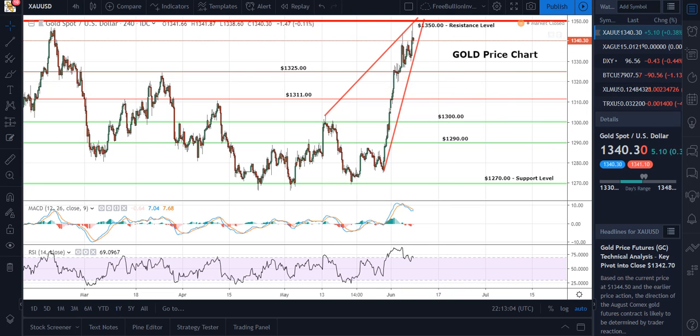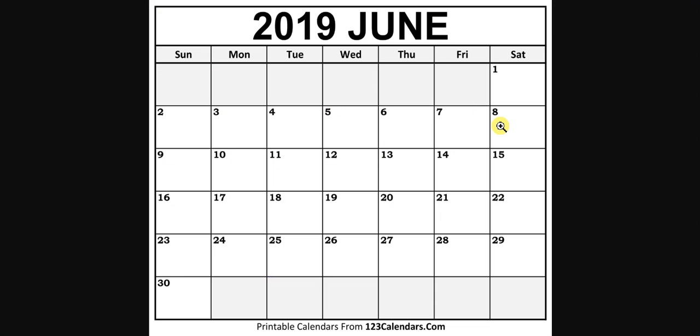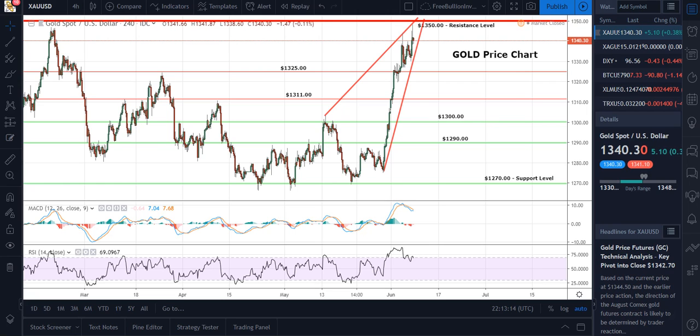The next Fed meeting, today's the 8th, isn't until the 18th and 19th. So we have 10, 11 days till the Fed meeting. So anything could really happen. I'm expecting more consolidation before we see another move up. We've had practically 8 days.